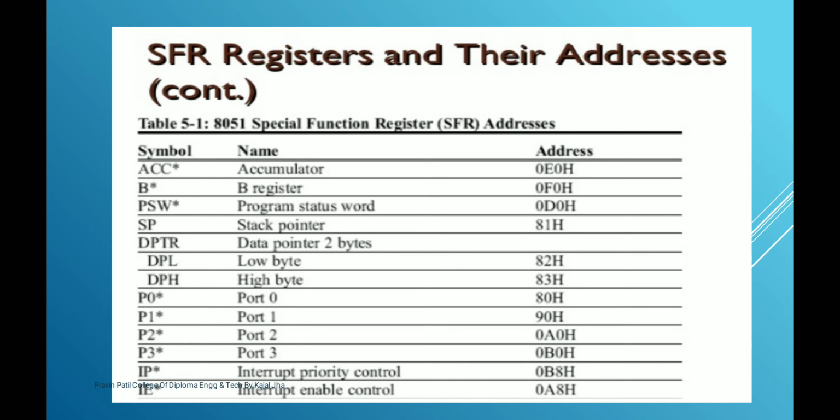If you write MOV A, it is the same as MOV E0H. So you can use the register symbol or its address to refer to it. This is nothing but the special function registers and their addresses.